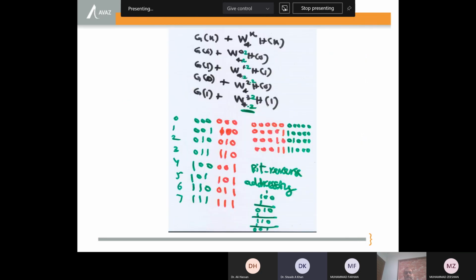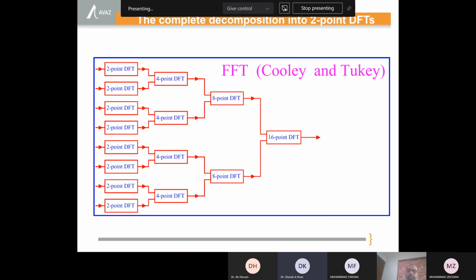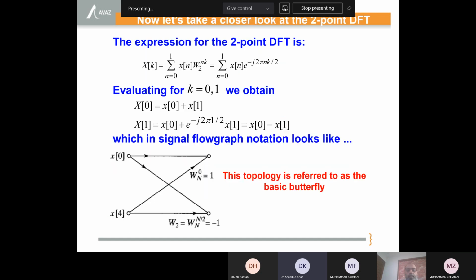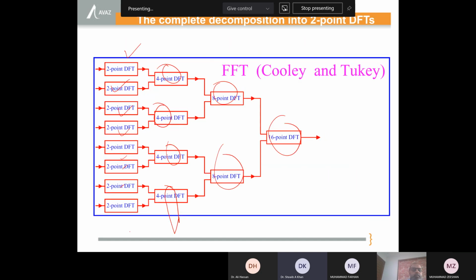So the trick is very simple: let's say you have a 16-point DFT, you break it down to 8-point DFTs. Now don't compute 8 points, break it down into 4-point DFTs, don't compute even 4-point DFTs, break it down into 2-point DFTs. Then merge these two DFTs together to get 4, then merge 4 to get 8, merge 8 to get 16.